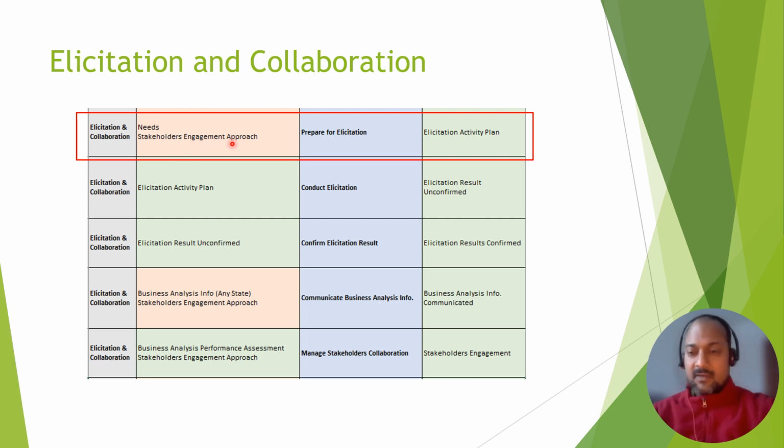Since we have talked about how collaboration happens and you communicate the information to the stakeholders, you know that the stakeholder engagement approach, that's the second activity of business analysis planning and monitoring, which talks about the communication and flow of the information between the stakeholders, the medium and different formats of the information the stakeholder seeks. Prepare for elicitation, and then you get the elicitation activity plan.